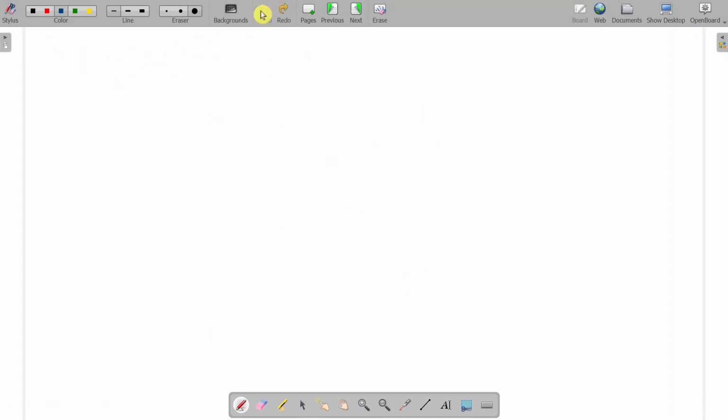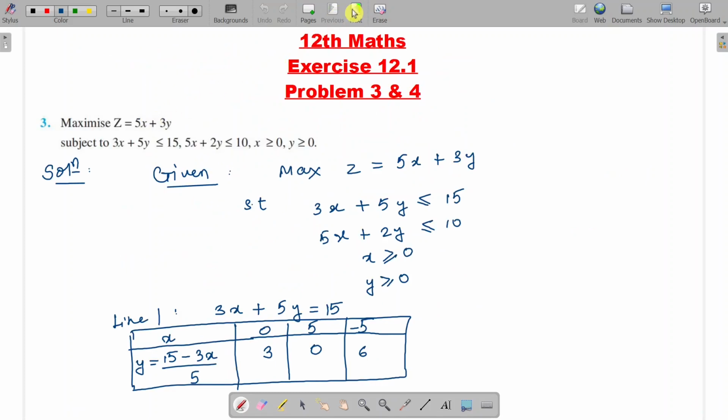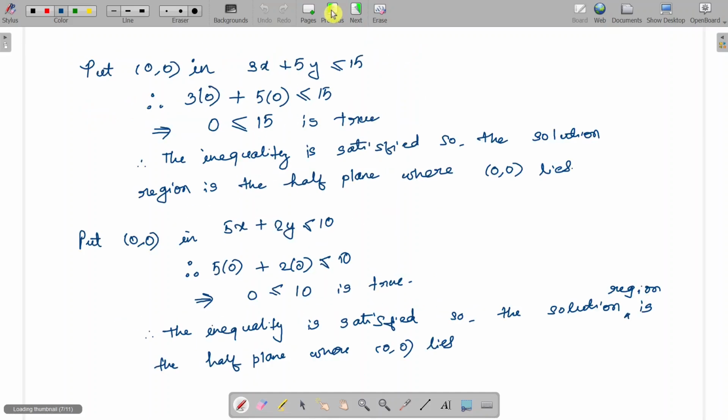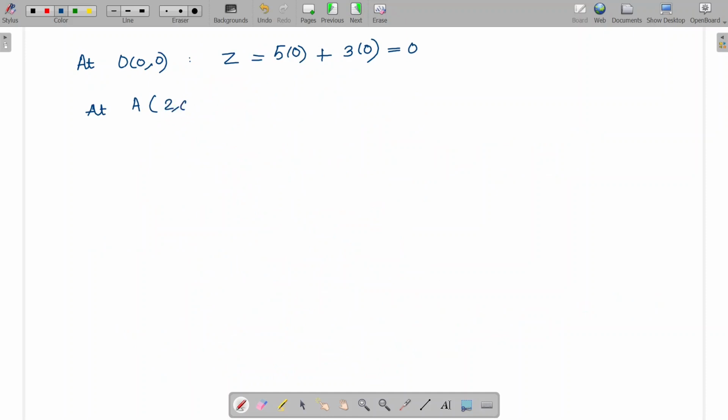For that, at first we have to find z at the origin 0, 0. The z function is 5x plus 3y. So 5 times 0 plus 3 times 0 is equal to 0. Then at A, that is 2, 0, z will be 5 times 2 plus 3 times 0, that is 10, right?